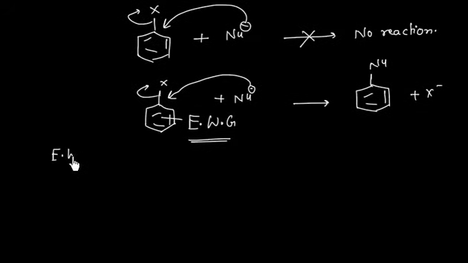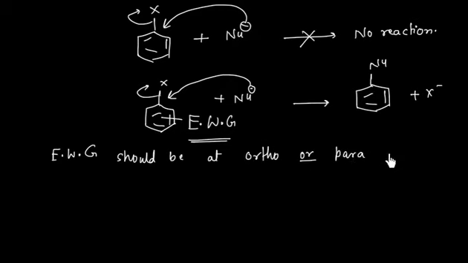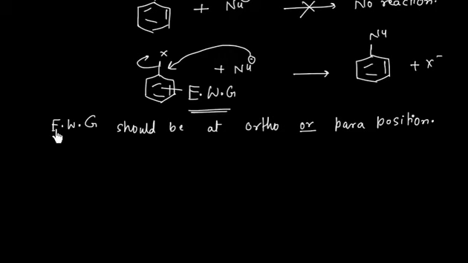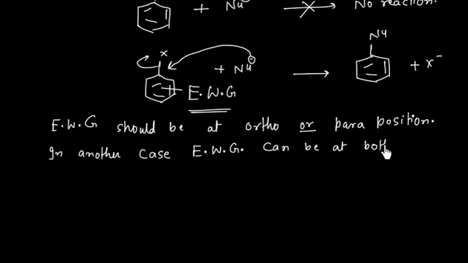So the electron withdrawing group should be at the ortho or para position, or we can have it at both positions, that is ortho as well as para.